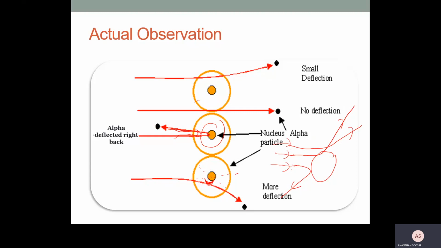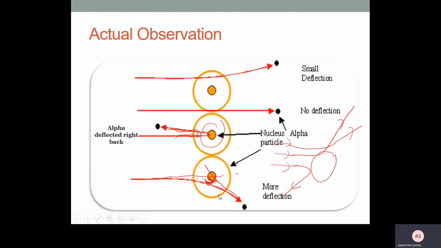This horizontal line, you make it like a tangent. This end point also, you make it a tangent. This is your angle of deflection, which is more than 90.